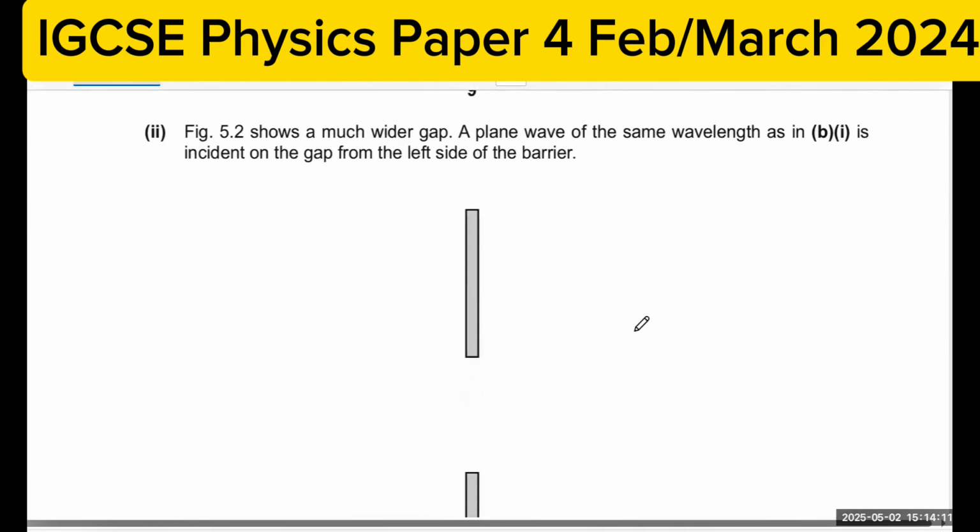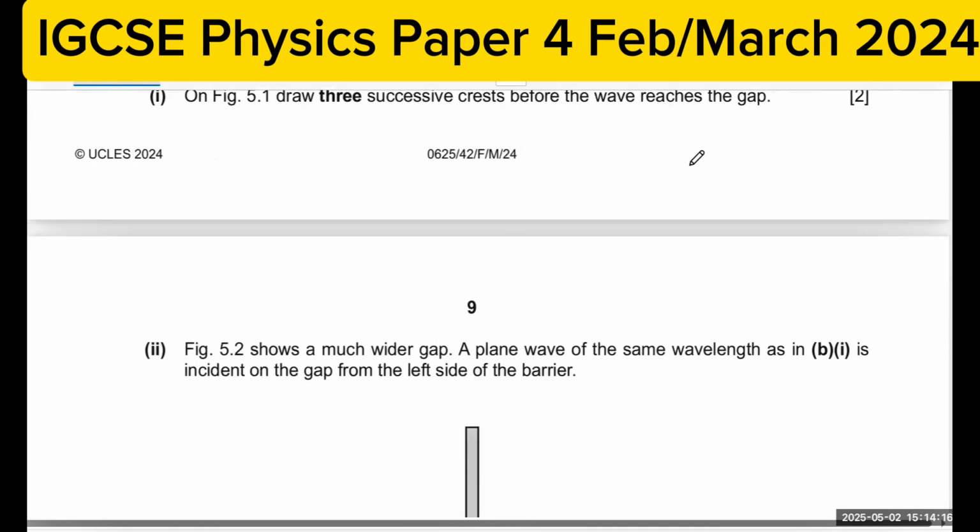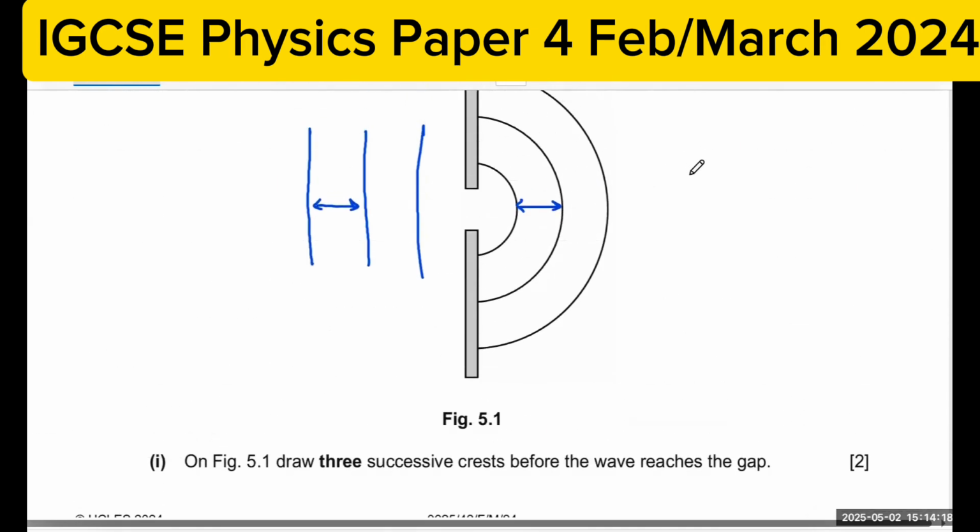Figure 5.2 shows a much wider gap, with a plane wave of the same wavelength. Okay, what they did, they increased this gap. And let me tell you one thing: for more diffraction, the gap between the two slits should be equal to the wavelength of the wavefronts. So in that case, the diffraction will be maximum.